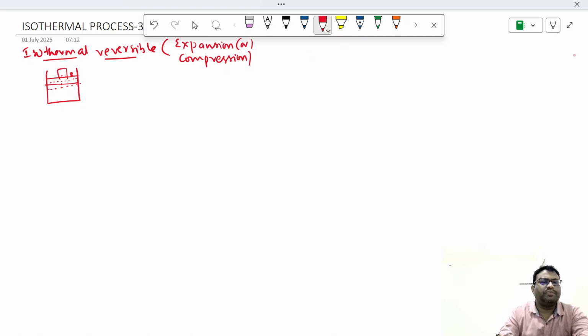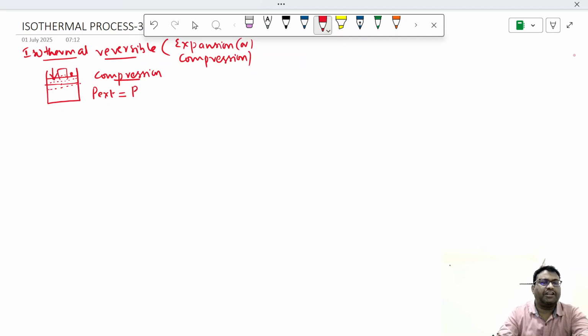In this reversible process, let us take compression. Compression means external pressure is greater than internal pressure. So P external is greater, because only when P external is greater can it push the piston into the cylinder.